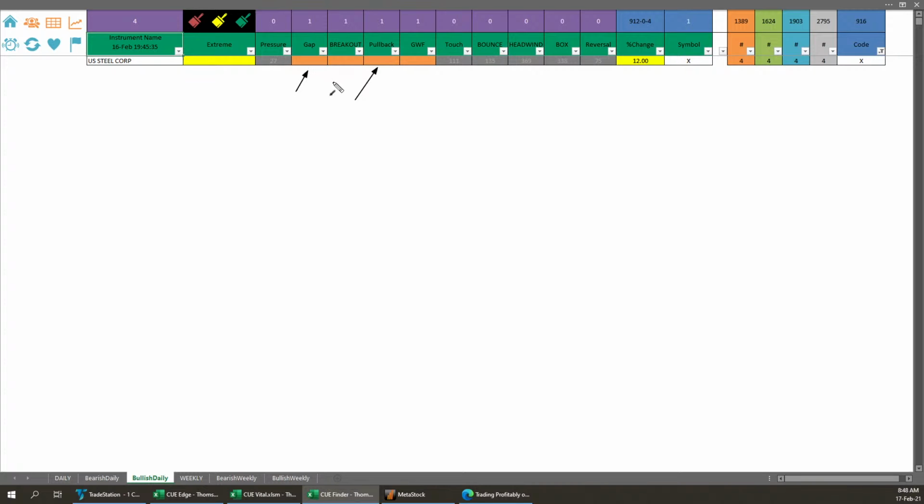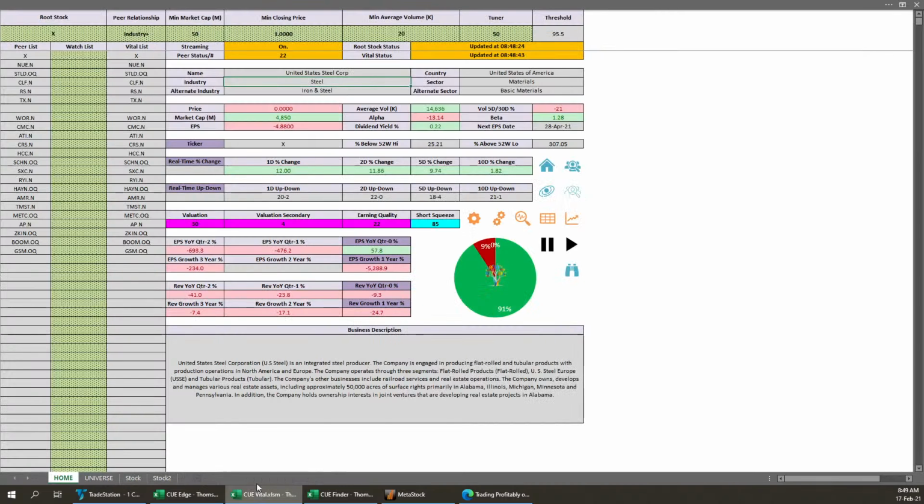So we had a gap up, breakout, pullback, bullish flow. Using Finder, we can look at this additional signal, pullback. Either using Finder or using Sonar on TradeStation, you could identify the opportunity.